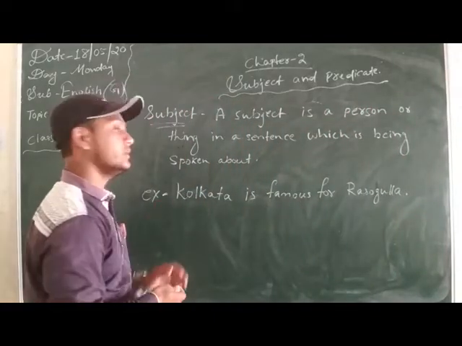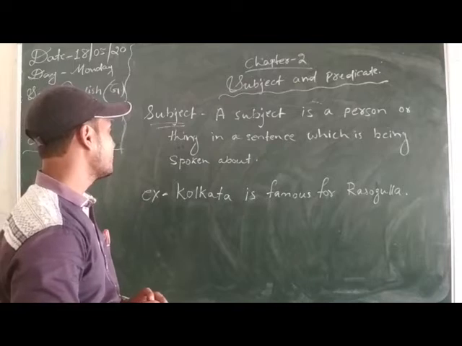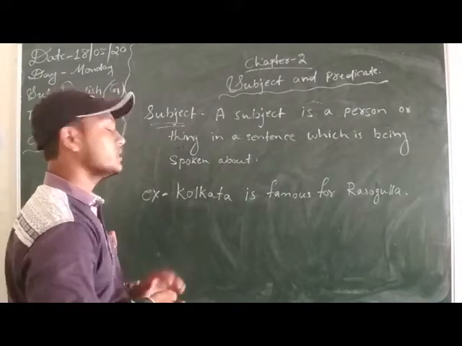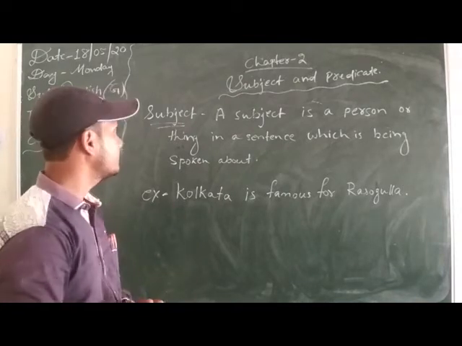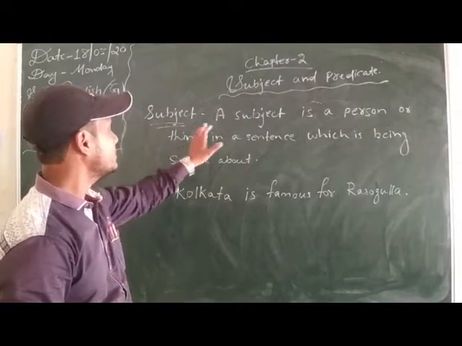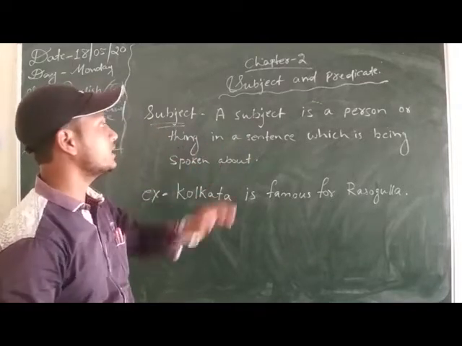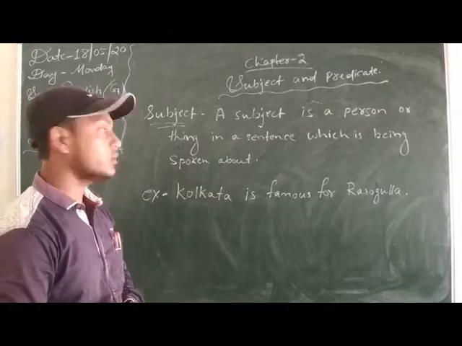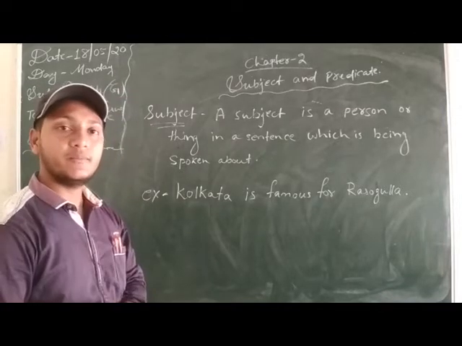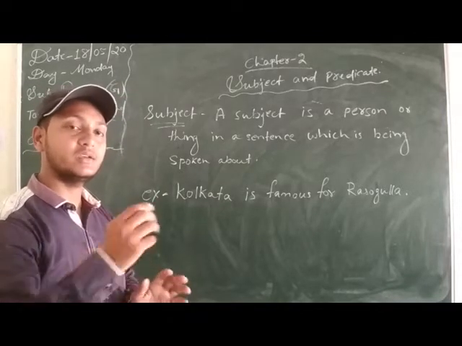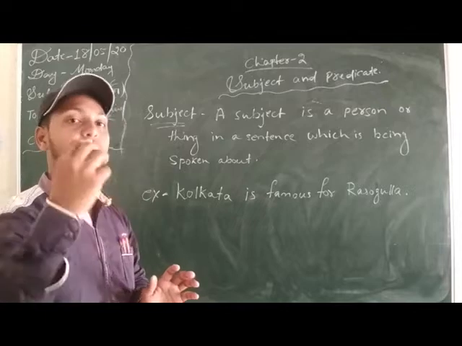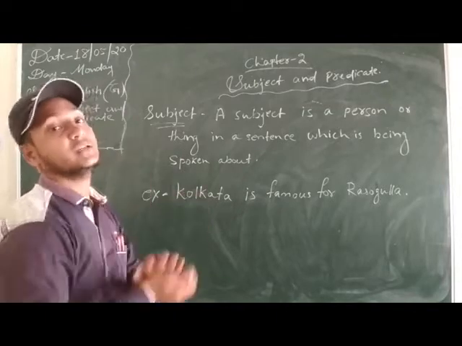Here I have written a sentence, and we have to identify which is the subject. What I have said is that the subject is a person or thing in a sentence which is being spoken about. तो सब्जेक्ट क्या है? सब्जेक्ट वो है जो कि सेंटेंस में जिसके बारे में बोला जा रहा है उसे ही सब्जेक्ट कहते हैं.